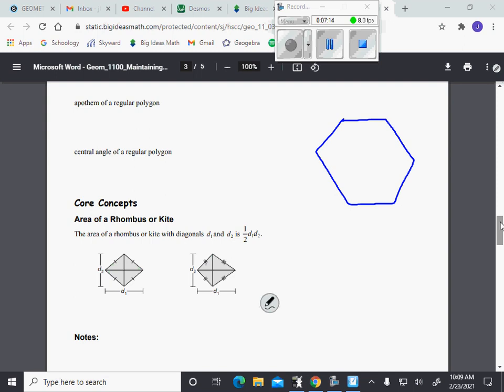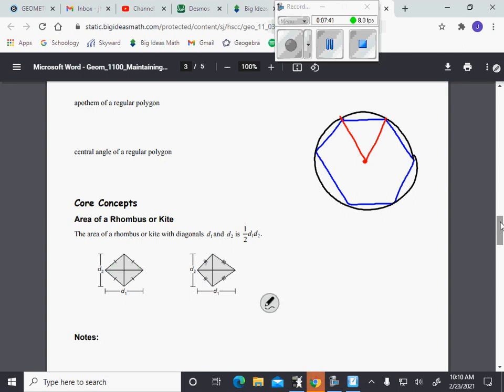Here's my circle around it. The central angle, think center. The central angle goes from the center to two consecutive vertices of our shape.